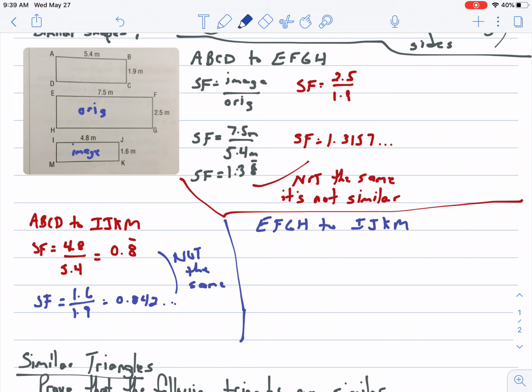I'm going to highlight my two sides, 7.5 and 4.8, and I'm going to put them to the scale factor test. Image over original, so in this case, 4.8 I assigned as my image, 7.5 is my original, and taking my calculator out, 4.8 divided by 7.5, I get 0.64.